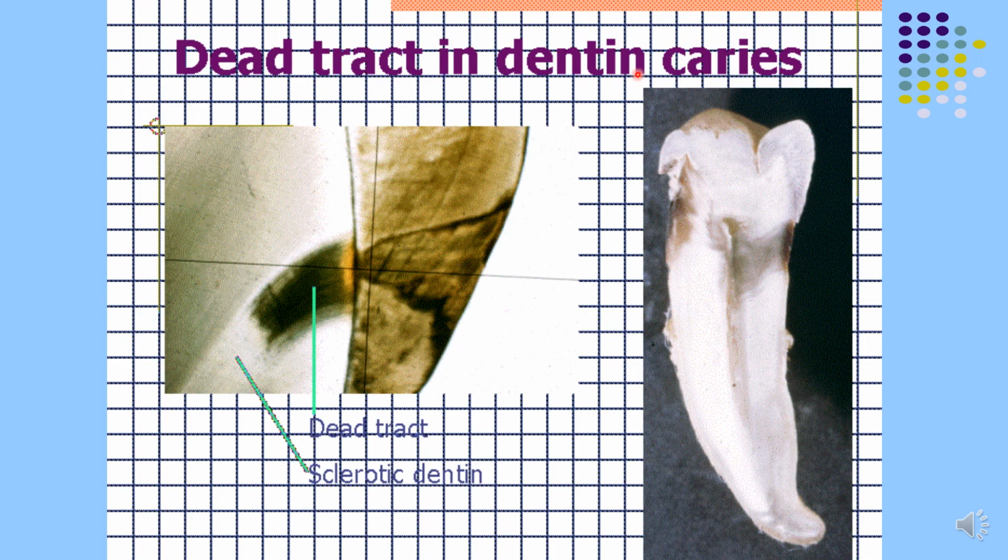Okay, so dead tracts in dentine caries, you know what dead tracts are. Dead tracts are basically empty spaces where odontoblastic processes are no longer there, right? So if we look at this smooth surface lesion, this is the lesion reaching the DEJ.